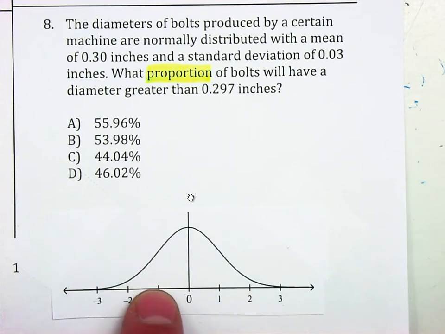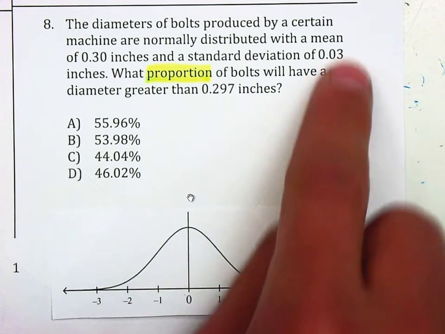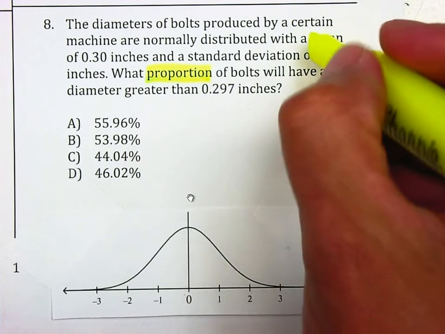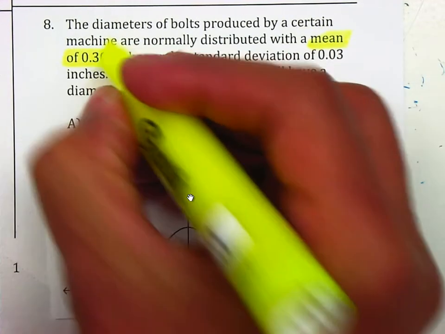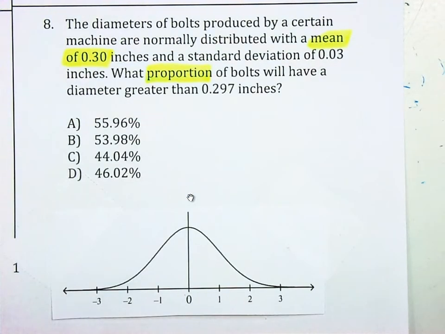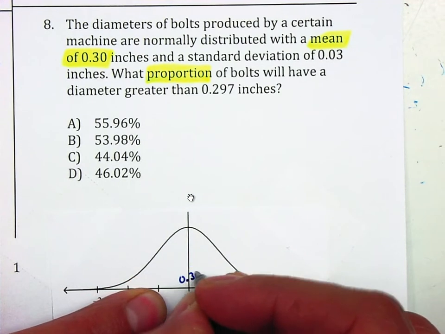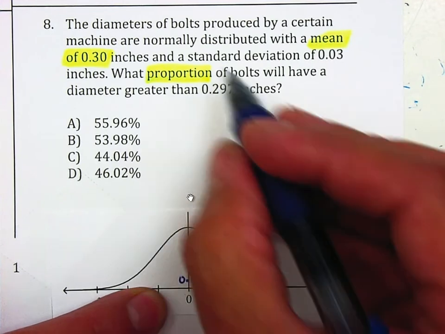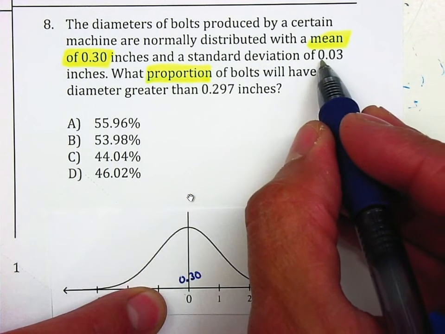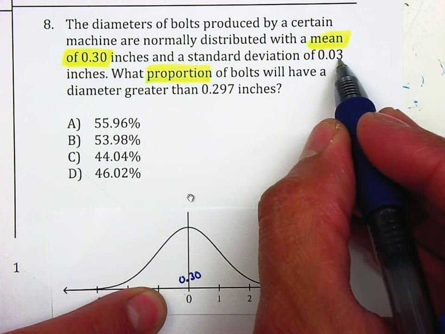So let's go and label the chart since it's given to us. They tell us that the mean is 0.3 or 0.30. So that's your mean, 0.30. And a standard deviation of 0.03.